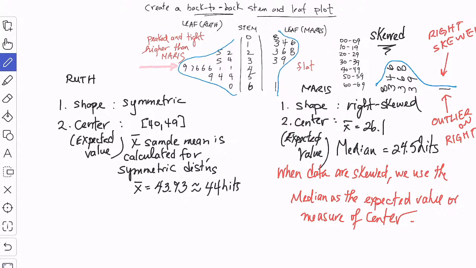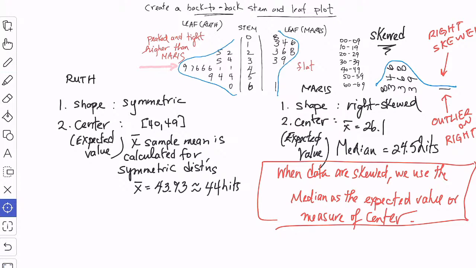And I put a box around this in the notes, so you will see. The median for a right skewed distribution will always be smaller than the mean. The mean will be distorted by the extreme values. So it will be closer to the extreme values than the median. That's always the case.